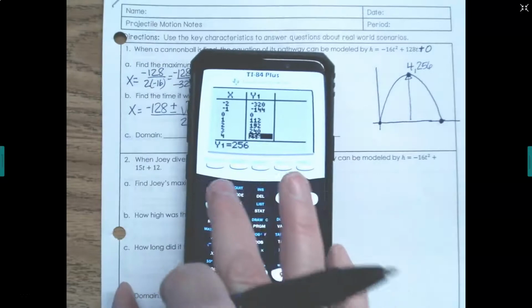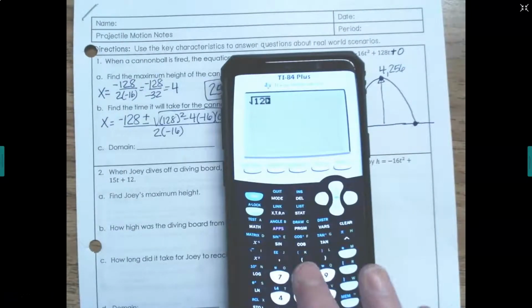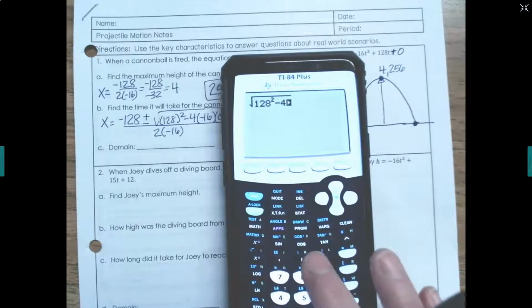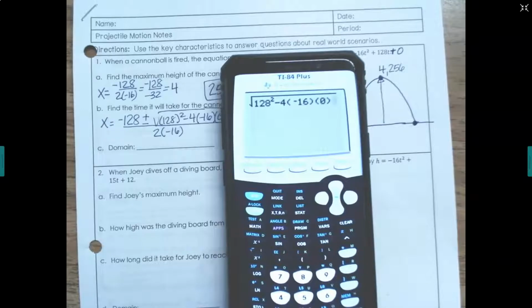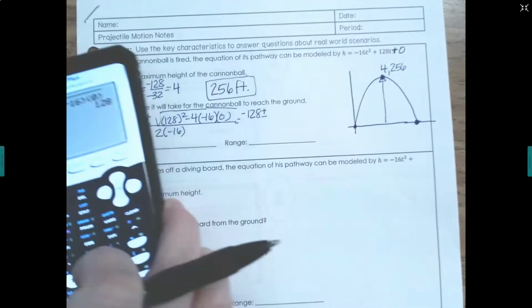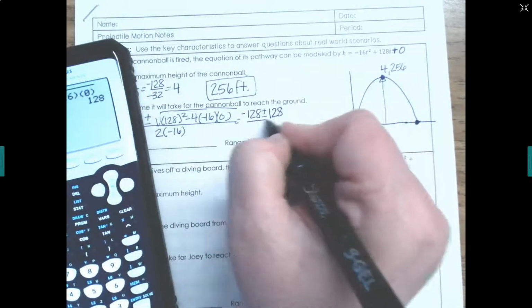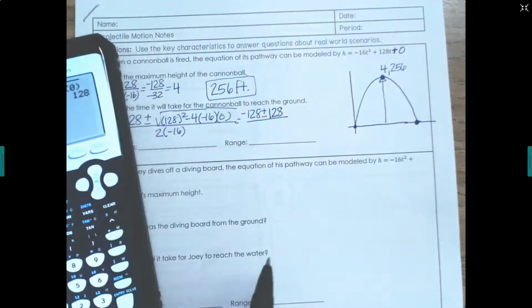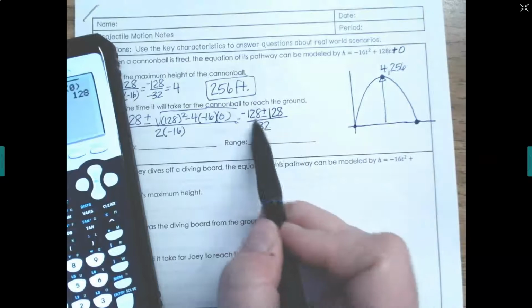All right, so let's take a look. The root of 128 squared minus 4 times a times c. So you get everybody plugged in, and it's just 128. So it simplifies down to 128 divided by 2 times negative 16 is negative 32. These guys are like terms.